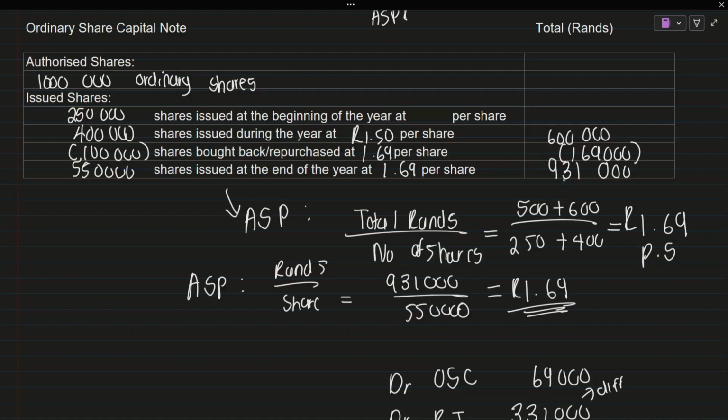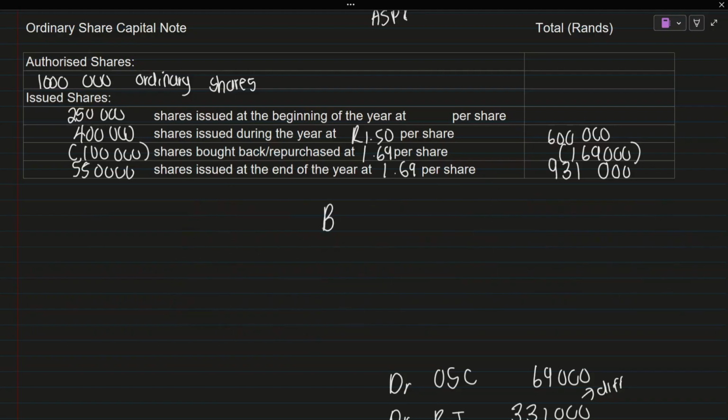But how? Okay, so same thing with my tuition kids, my students. They will work backwards, but they forget this buyback. Something happens, right? So I'm just going to take this out for now. So if we are working forwards, what did we do? We said beginning plus the additional shares minus the buyback will give us the end. Now if I have the end, it's going to be end minus the additional plus the buyback is equal to the beginning. What my kids tend to do, what the students tend to do, is that they will minus the additional and then minus the buyback.